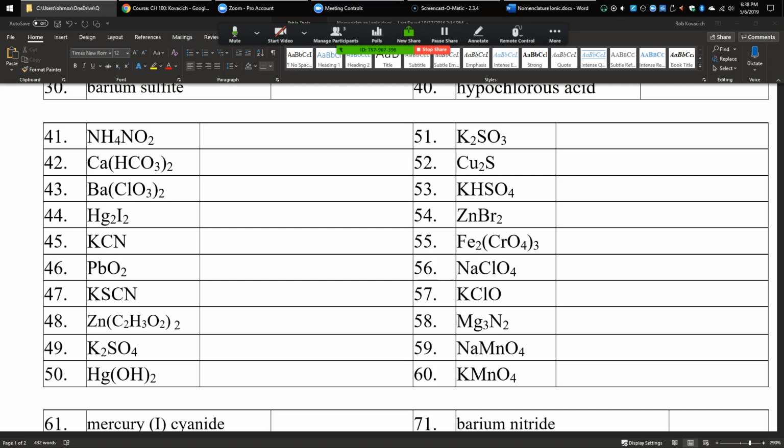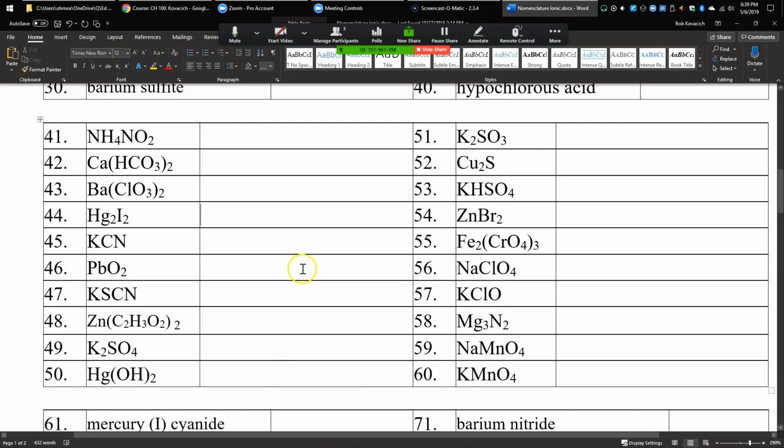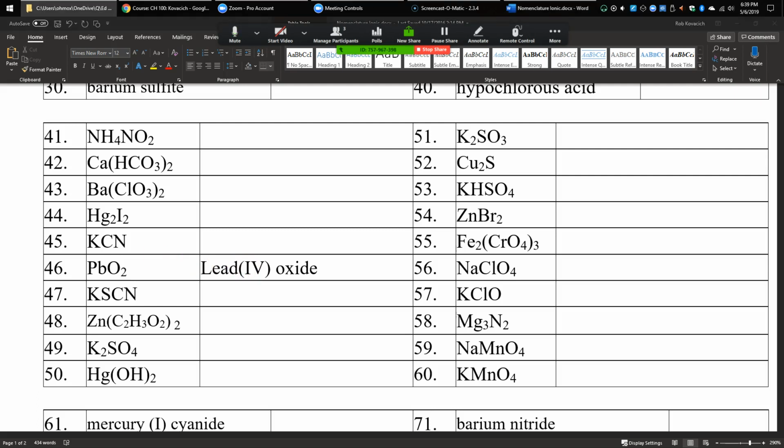So if the oxygen's charge is -2, and there are 2 oxygens in this, then what's the charge on the lead? Positive 4. Yep. So what's the name of this? Lead 4 oxide. That's it. And you do need to remember you're talking about Roman numerals, so that's what a 4 is.